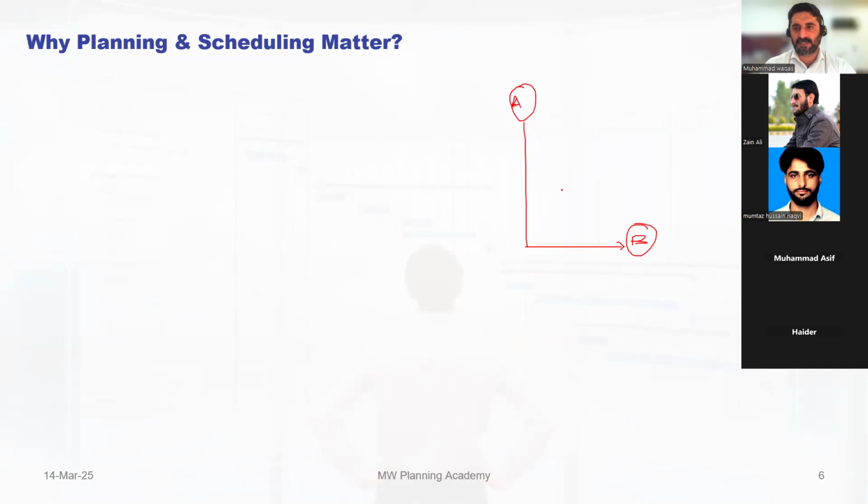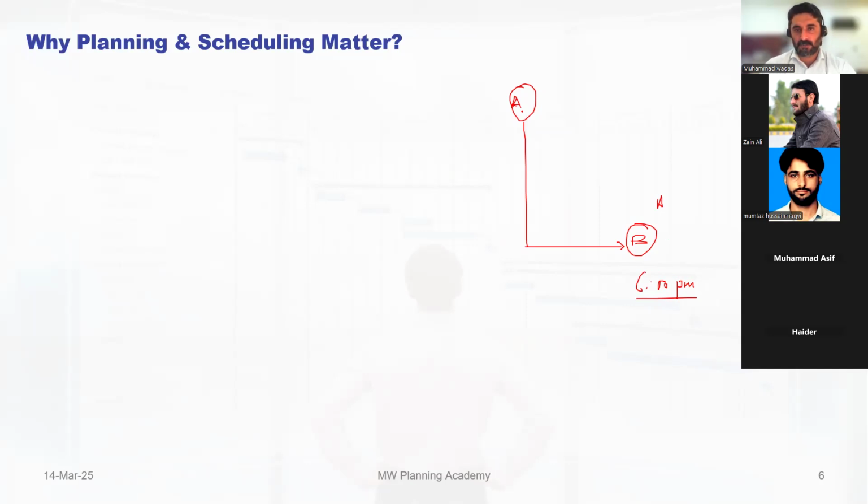So, person A will say that I will leave today at 4 o'clock, and I will come by car, and I will reach you by 6 p.m. Once he tells person B that he will be there at 6 p.m., person B will make sure that he is available at this place at 6 p.m. If person B is not available, then A will of course have come for nothing.